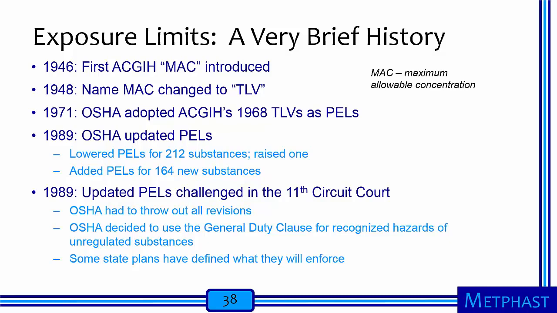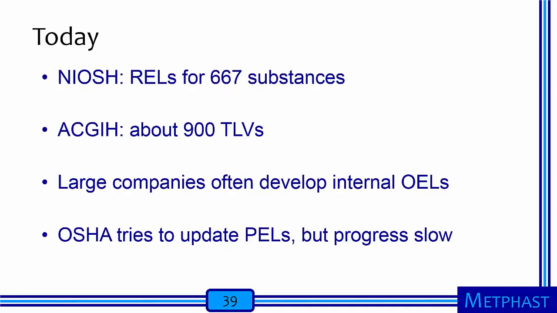These updates were challenged in court. As a result, OSHA had to throw out all of the revisions. They decided to use the general duty clause for recognizing hazards for which there is no permissible exposure limit. Some states have permissible exposure limits that they enforce for these compounds. Today, NIOSH has published recommended exposure limits for 667 substances.